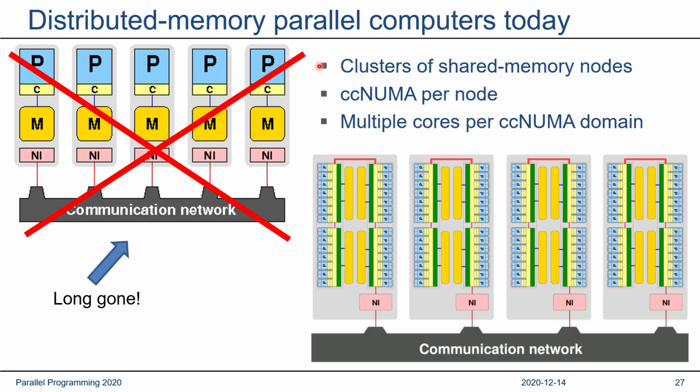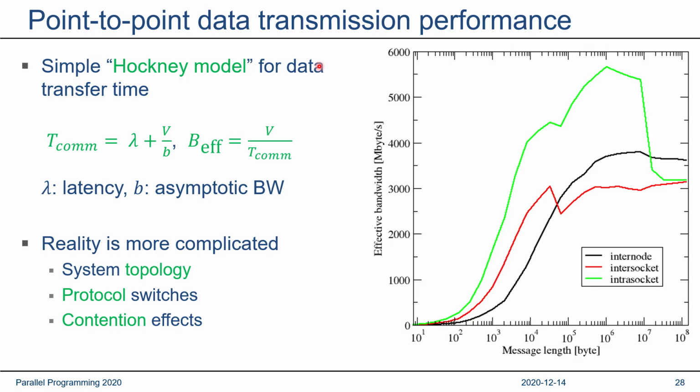Now, of course, such an intricate structure means also that there's not only a single data path between two arbitrary processes in such a system. There's a lot of data paths with different characteristics.